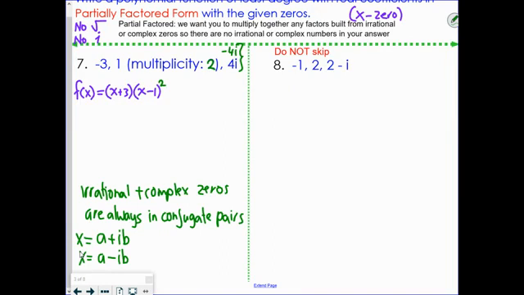If you think about the quadratic formula, x equals negative b plus or minus the square root of b squared minus 4ac all over 2a. Anything that's irrational or complex, you always have a plus and a minus in front of the square root part. That's why they're always in conjugate pairs. That's what we mean by that.